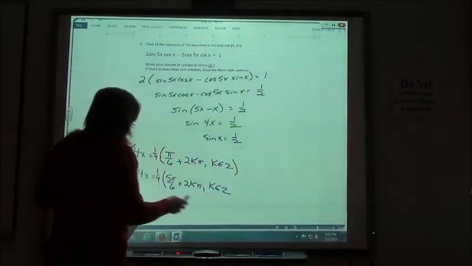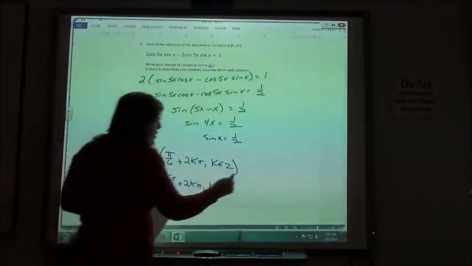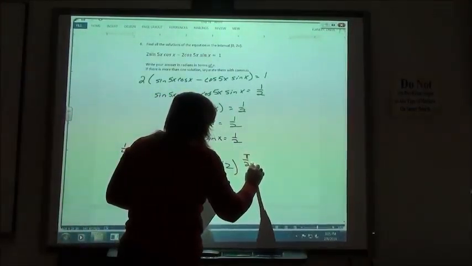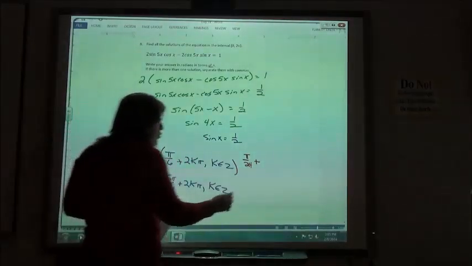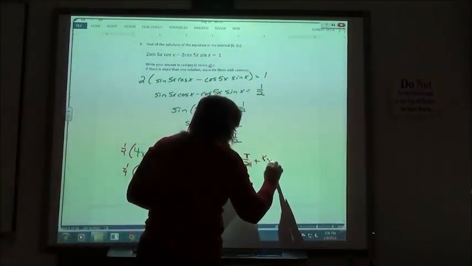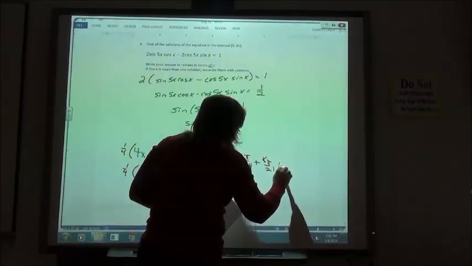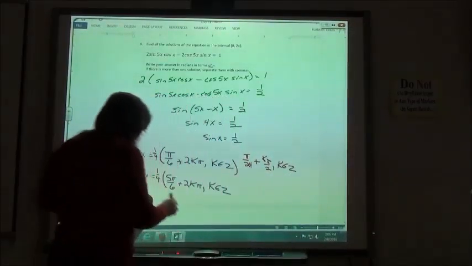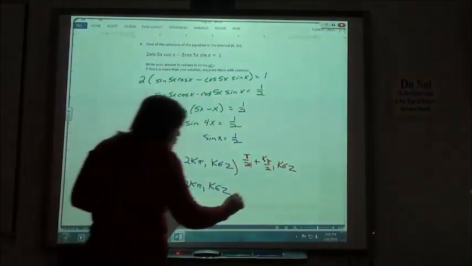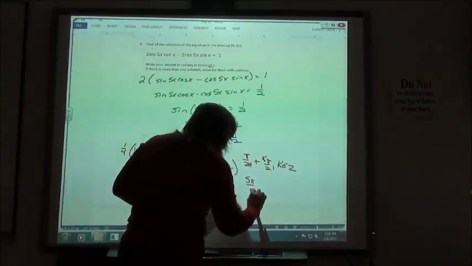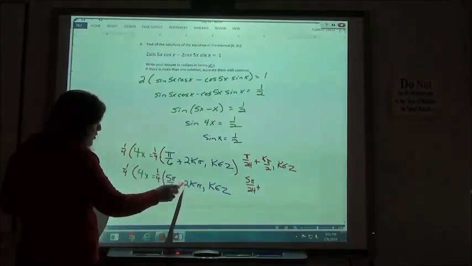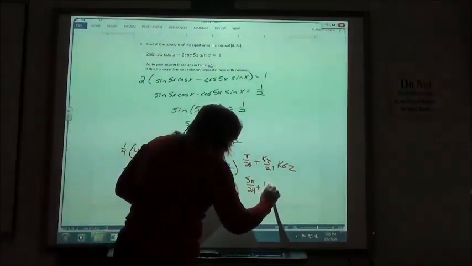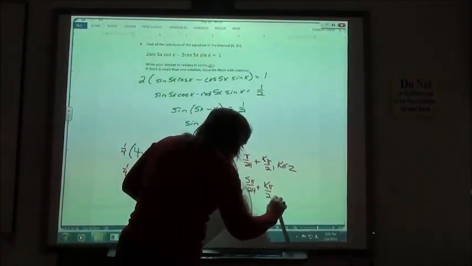So this would give me pi over 24 plus pi over 2, k pi over 2. This is going to give me 5 pi over 24 plus, again, that would reduce down. 2/4 is the same thing as 1/2, so k pi over 2.